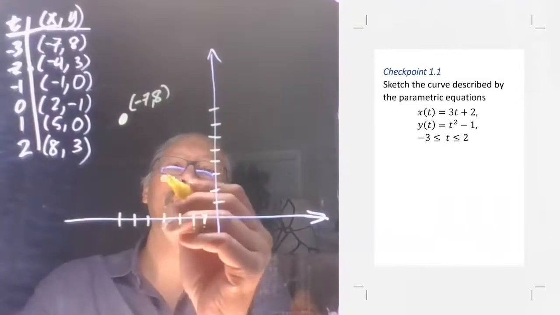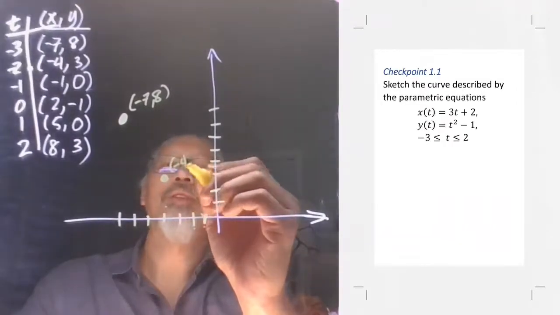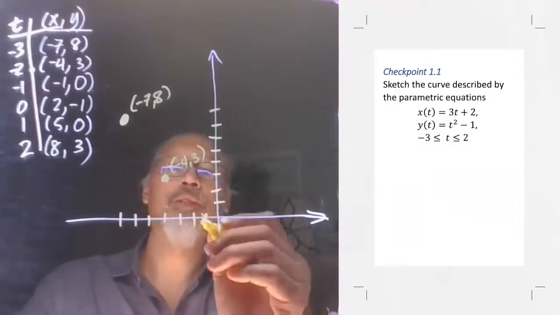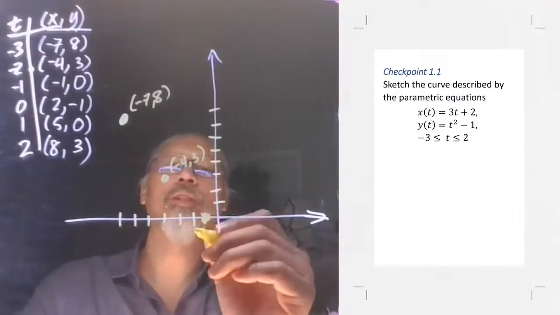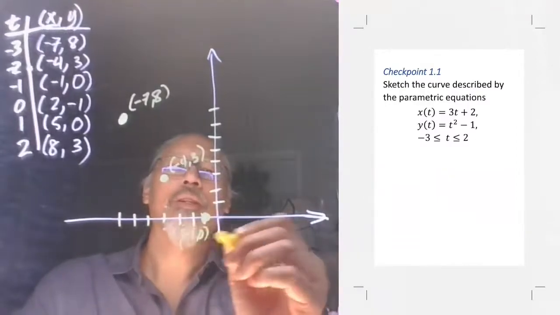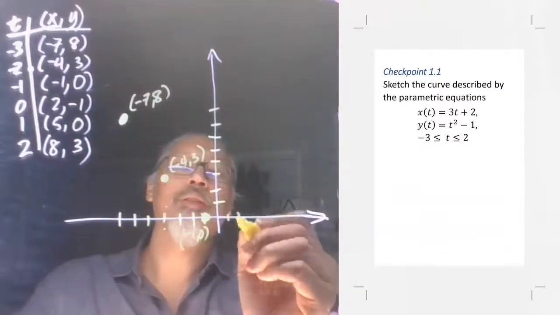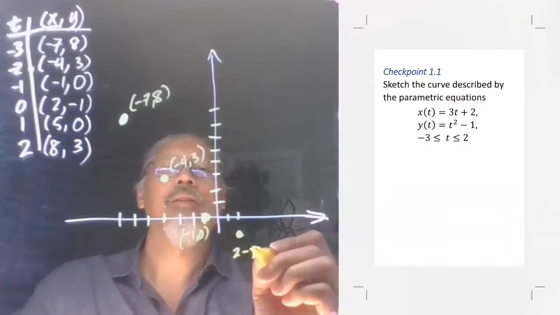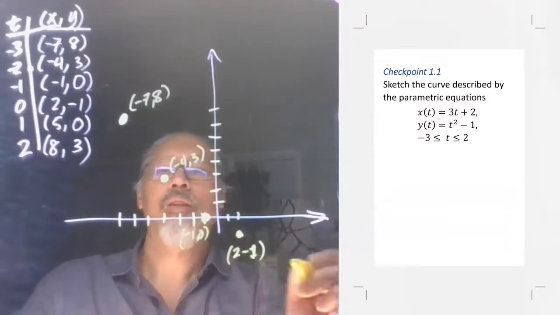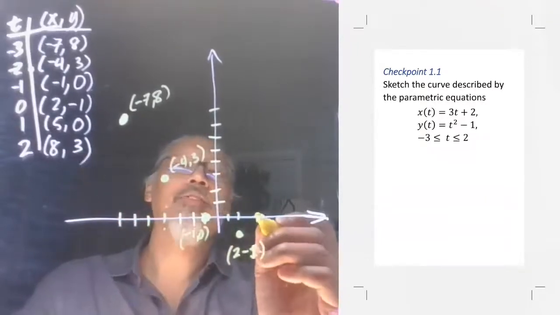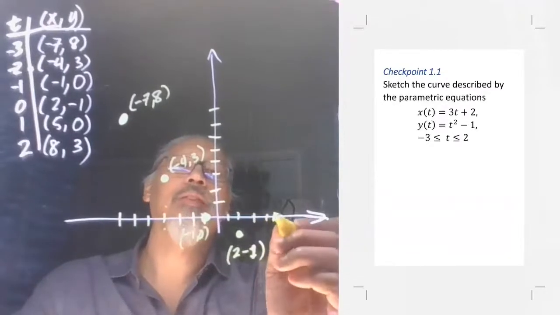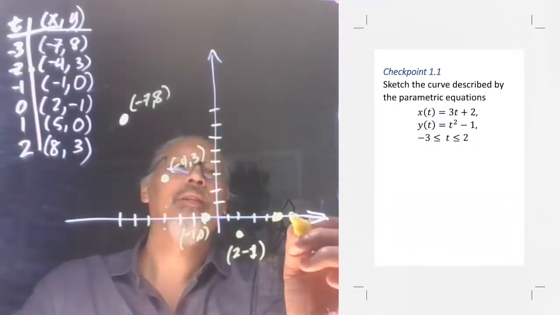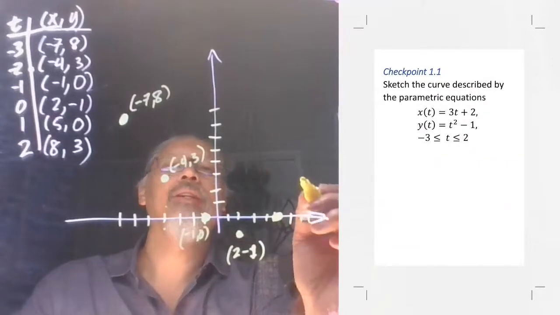Negative 1 comma 0, that's this point. We have 2 comma negative 1. After that, a 5 and 0, and then 8 and up 3.